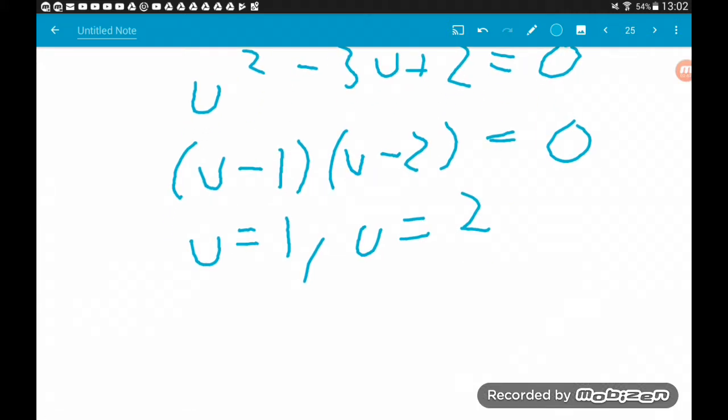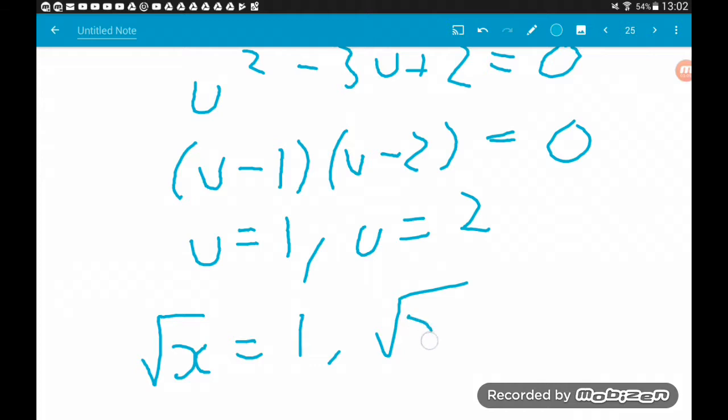So if u is equal to 1 and 2, this is telling us root x is equal to 1 and root x is equal to 2.